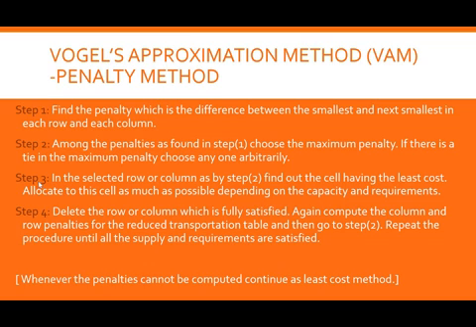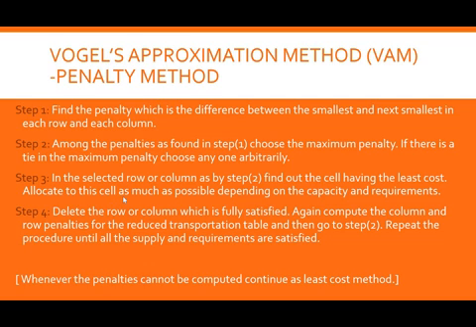Then after choosing the maximum penalty, what we are supposed to do? That is in step 3. In the selected row or column, so wherever you had maximum penalty, that particular row or column, as by step 2, find the cell having the least cost. So in that maximum penalty row or column, see which is the least cost.